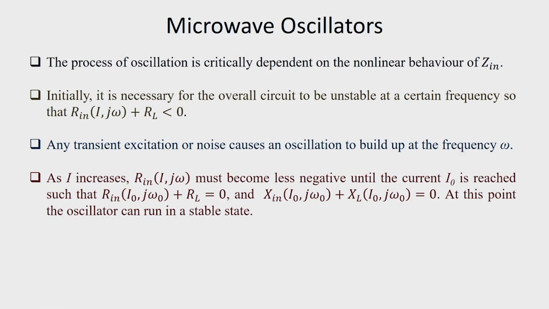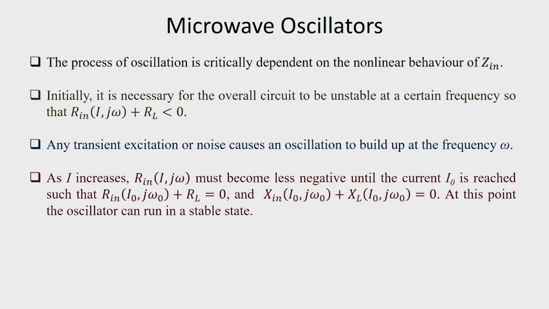As I increases, Rin(I, j omega) must become less negative until the current I naught is reached such that Rin as a function of I naught and omega naught plus RL is equal to 0, and similarly Xin as a function of I naught, omega naught plus XL as a function of I naught, omega naught is equal to 0.